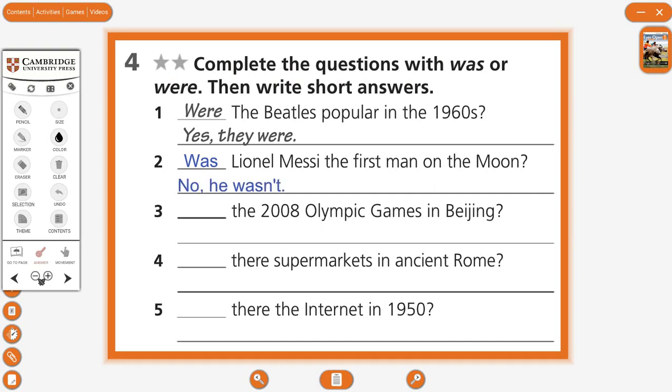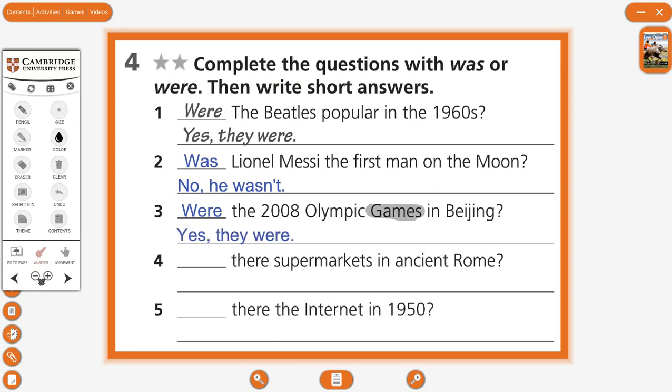Look at 3. Blah blah blah. The 2008 Olympic Games in Beijing. Games. Look at games. Games is plural form as a noun. So we have to say were the 2008 Olympic Games in Beijing. That's true. Yes, they were. Blah blah.